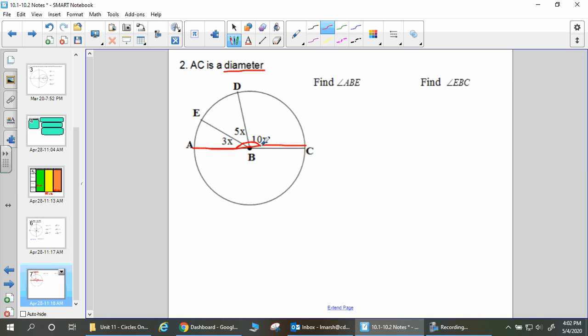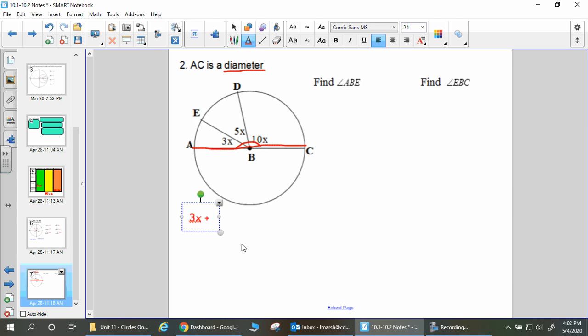Here is all of my 180 degrees, meaning the 3 angles they have marked. So I can say that 3x plus 5x plus 10x is a semicircle at 180 degrees. So 3x plus 5x plus 10x is 18x. That equals 180.